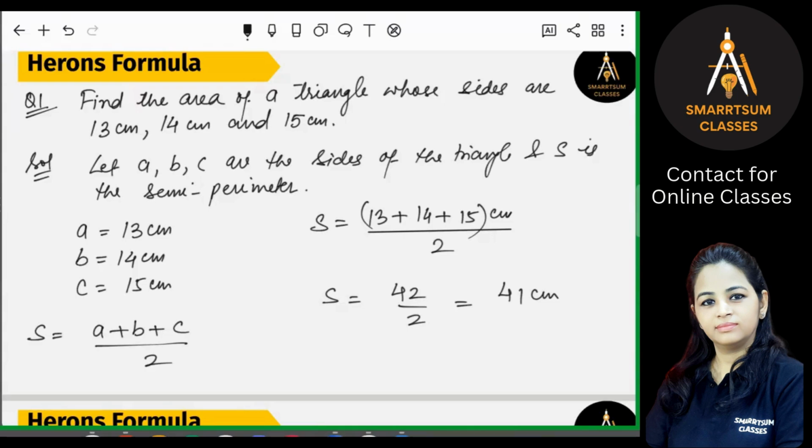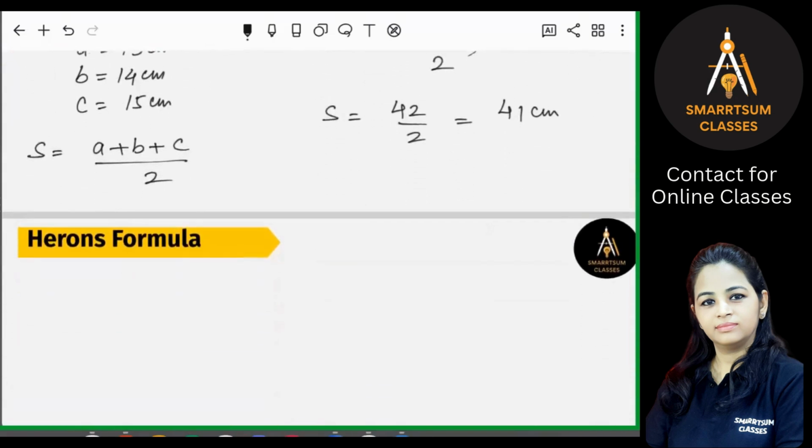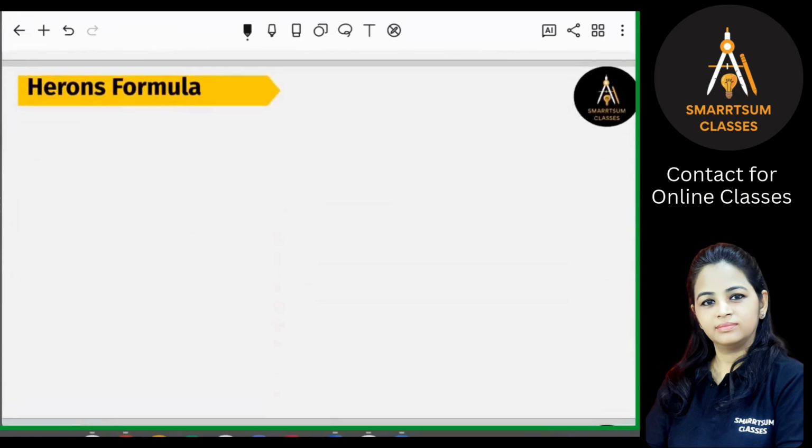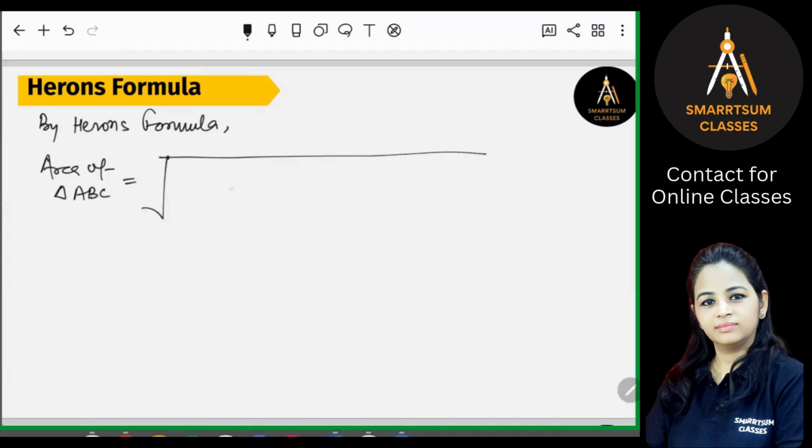Now we can use this S to find the area of the triangle using Heron's formula. Now what is Heron's formula? So first write it down. By Heron's formula, area of triangle ABC, suppose this is equal to square root of S into S minus A into S minus B into S minus C. Now let's put the values here.